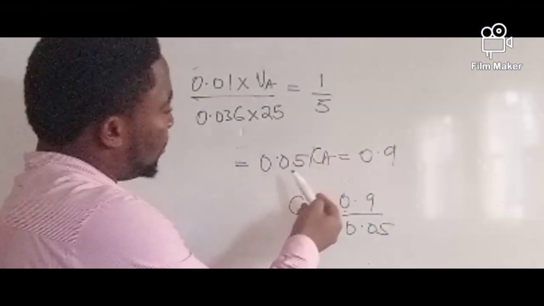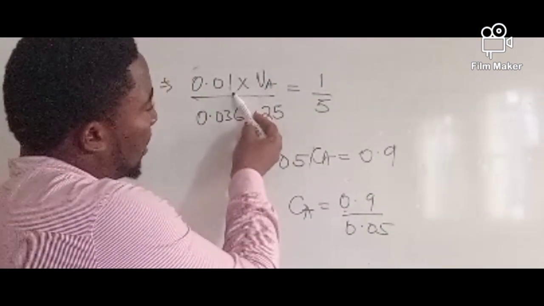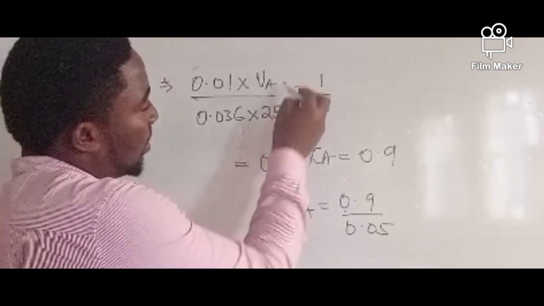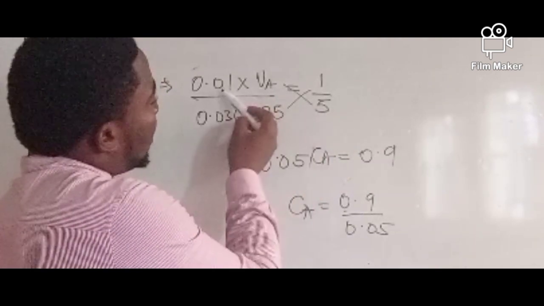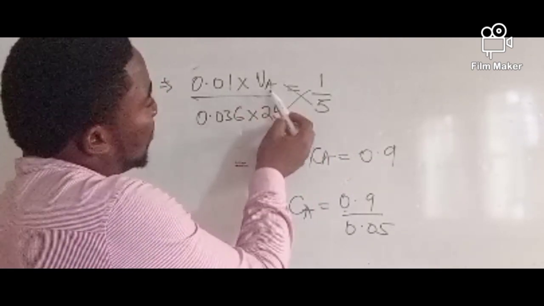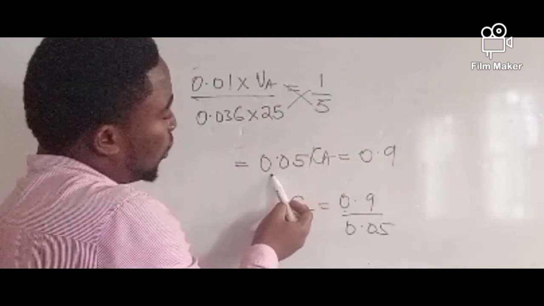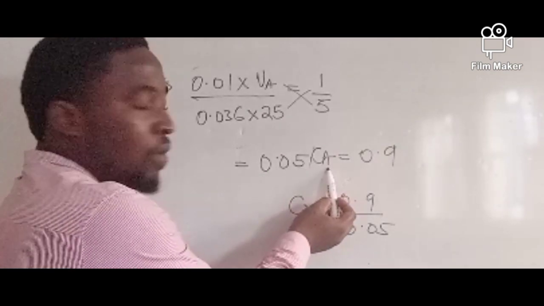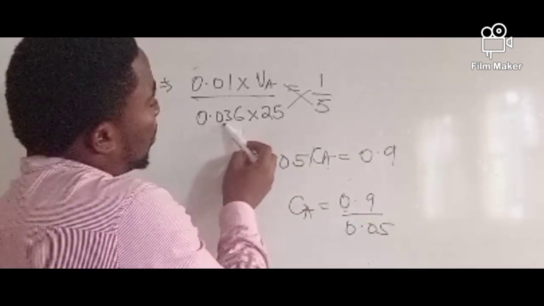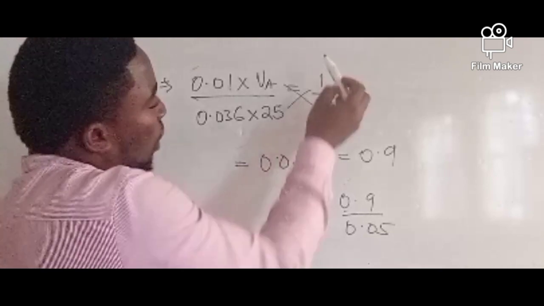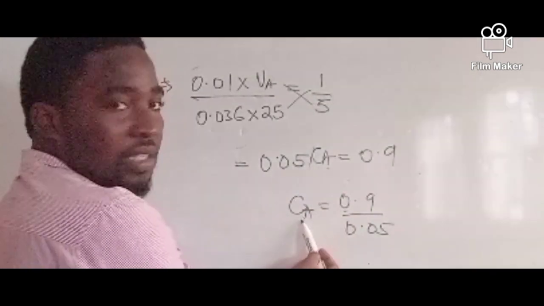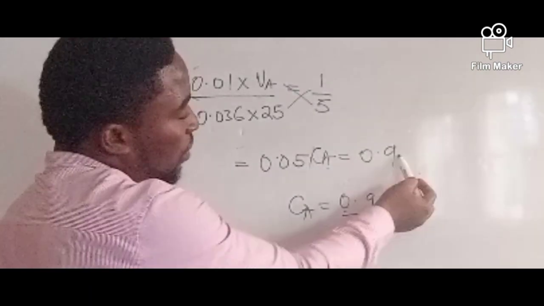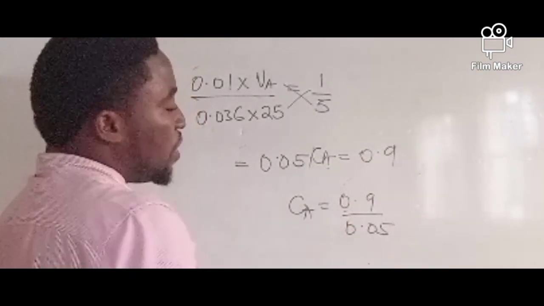So we have 0.01 times Va times 5. Remember, we are cross multiplying. So when you multiply 0.01 times Va times 5, it will give you 0.05 Va. And then when you multiply 0.036 by 25 and then by 1, it will give you 0.9. So to make Va the subject, Va will now be equal to 0.9 divided by 0.05.